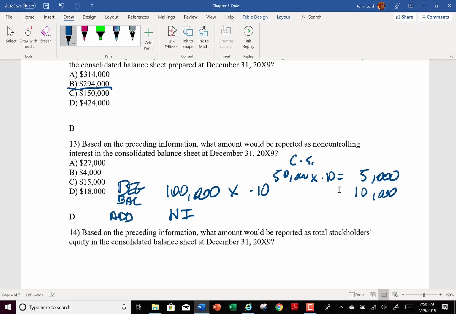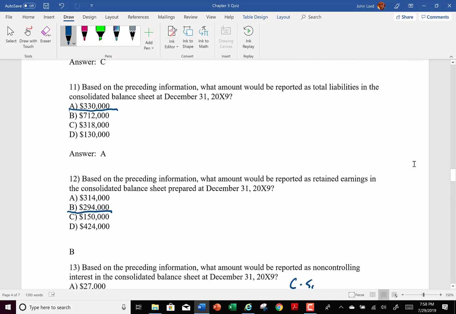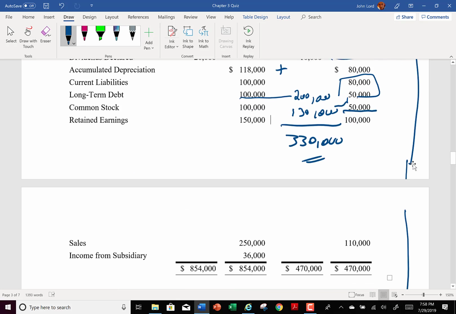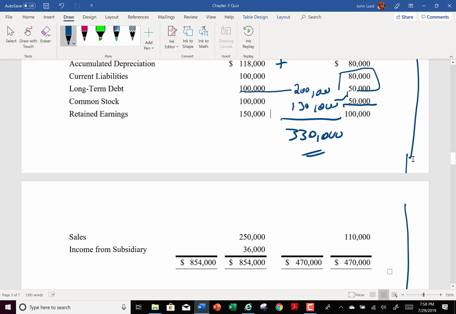Net income. Now, the net income of the subsidiary, just looking at the subsidiary, I'm going to do it the slow way here just to make sure I'm following what's going on. It's the revenue of 110, less expenses.